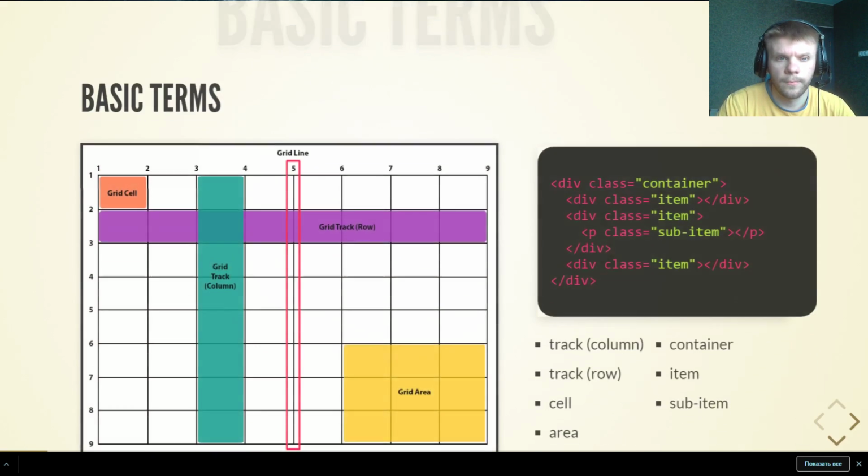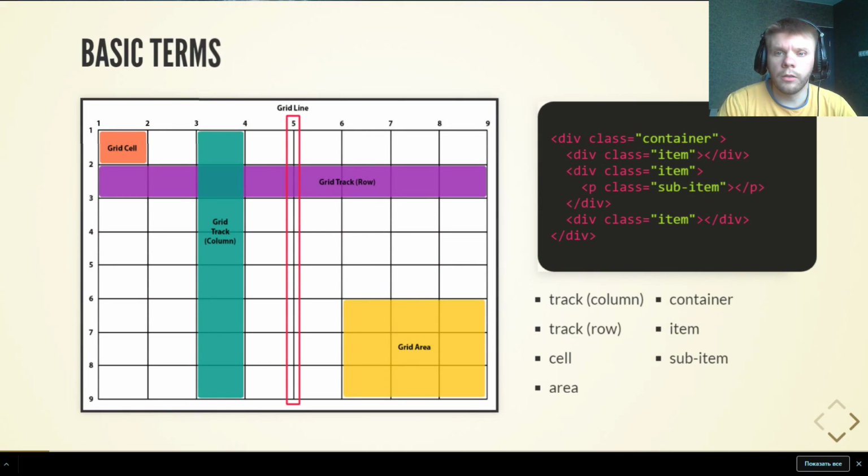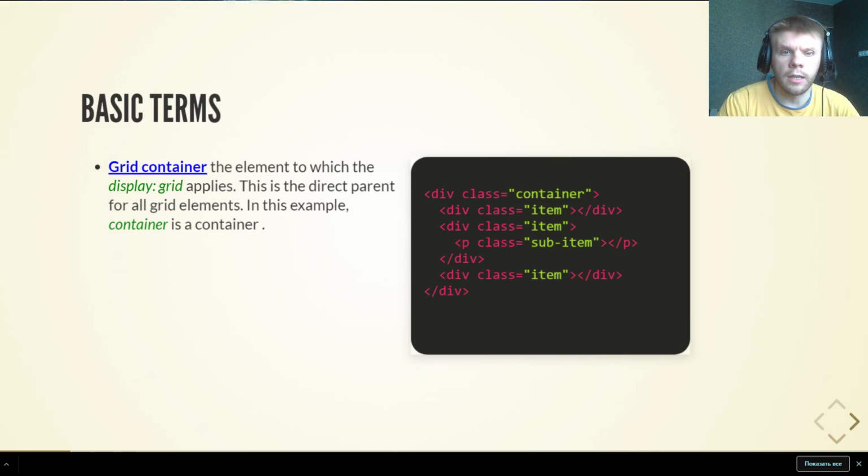Basic terms. Here we see the basic elements of the grid, which we will discuss in the next slides. Grid container. The element to which display grid applies. It is a direct parent of the grid elements.